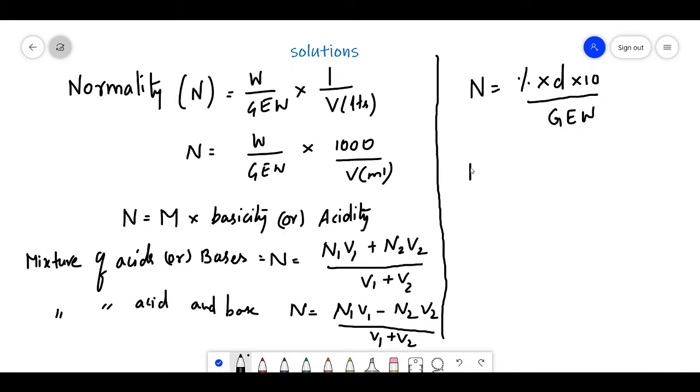In the same way, if you want to calculate molarity when density and percentage of an acid or base is given, then molarity is equal to percentage into density into 10 by gram molecular weight. So these are relations for normality.